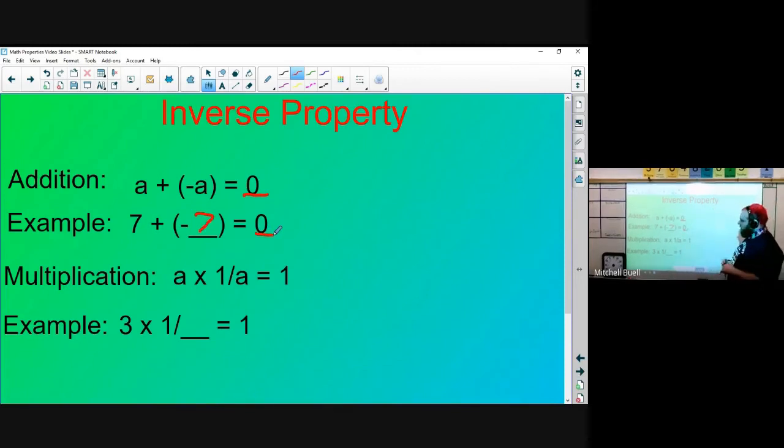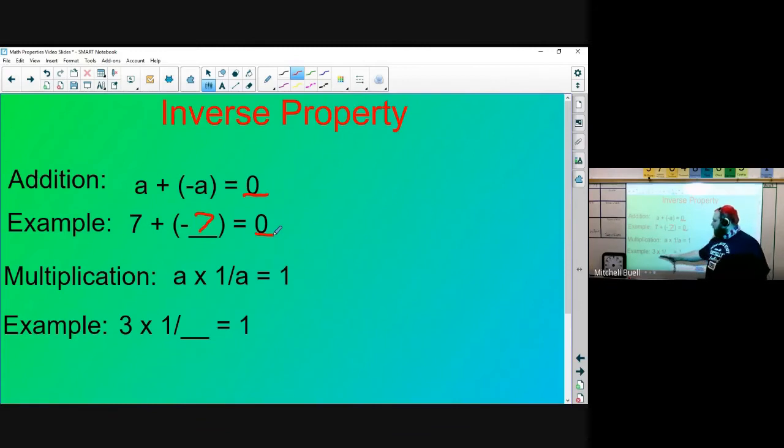Multiplication is similar. Multiplication says A times 1 over A is equal to 1. Okay? So we're dealing with that 1 again, like with that identity property. In our example, 3 times 1 over blank is equal to 1.